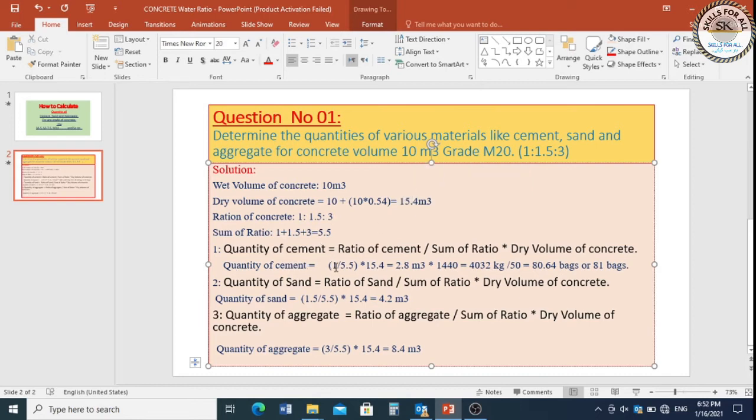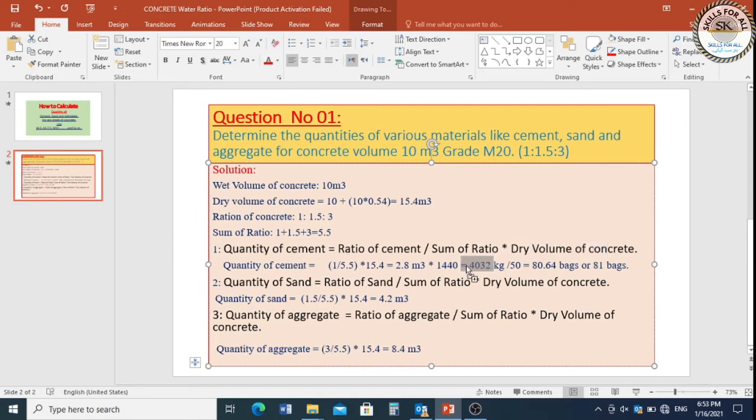Quantity of cement: 1 divided by 5.5, multiply by 15.4, so we get 2.8 meter cube. Here is the density of cement. We will multiply this volume with the density of cement, then we will get this in kg, 4032. This will only be applicable in cubic meter.